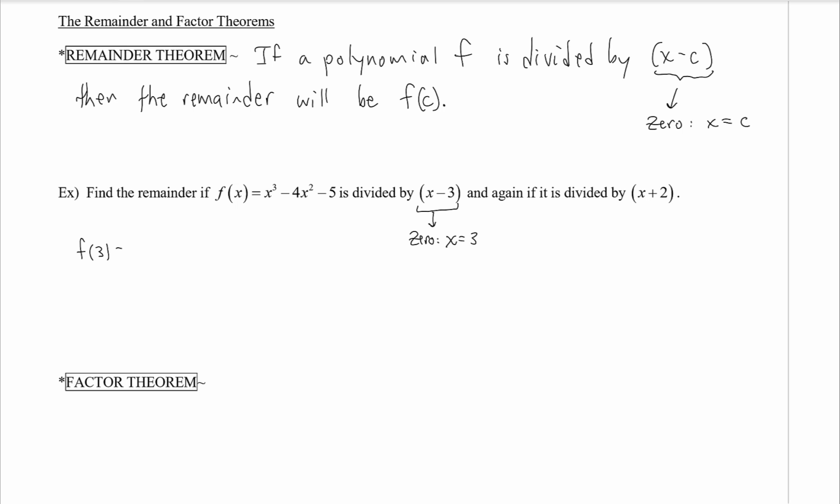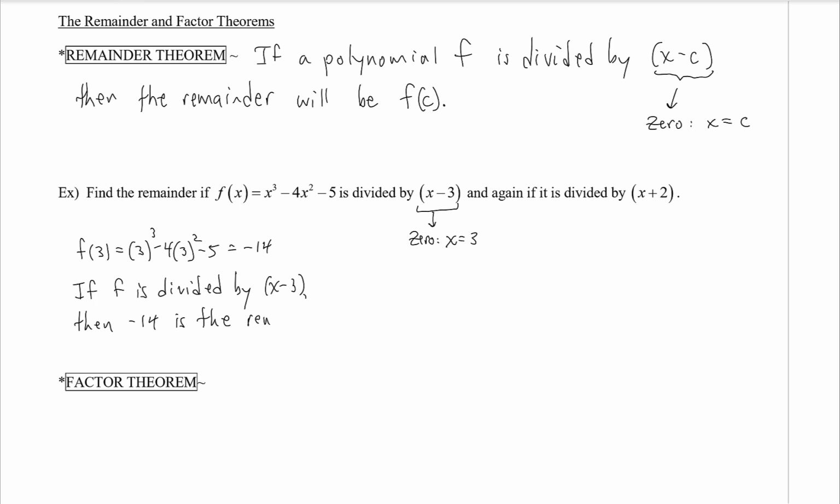If I plug 3 into this cubic, I believe, if I do my arithmetic correctly, that comes out to be negative 14. So that would be the remainder when I divide those two. So if f is divided by x minus 3, then negative 14 is the remainder.